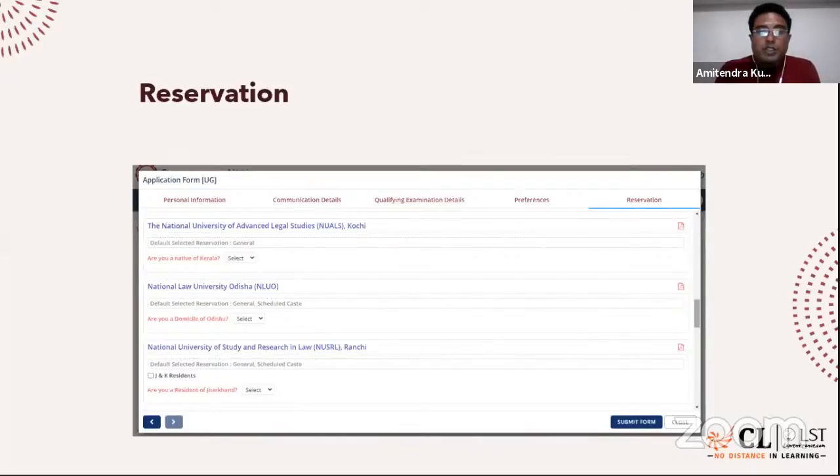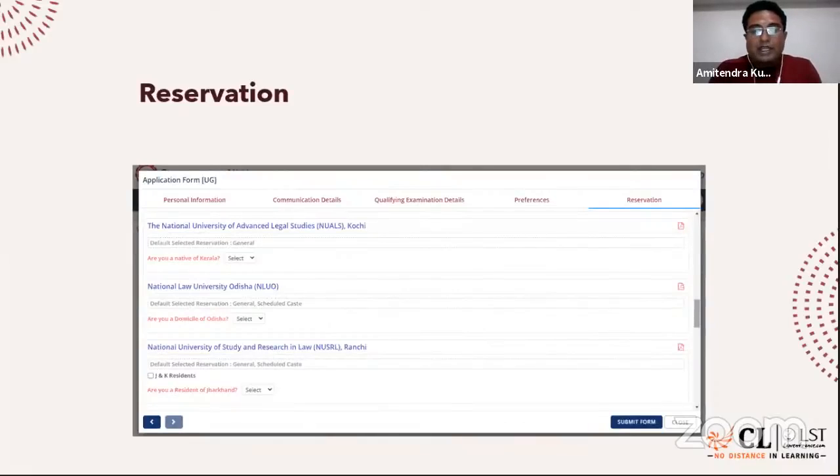Same goes for Kochi. It will ask you whether you are a native of Kerala. Same goes for Odisha and Ranchi. Now, Ranchi has a very specific domicile criteria. If you have completed your qualifying examination from the state of Jharkhand, which basically means you have given your class 12th board from the state of Jharkhand, or if your parents are employed in central or state government in the state of Jharkhand, then you can also avail the benefit as domicile of Jharkhand, if that particular caste category you belong to.